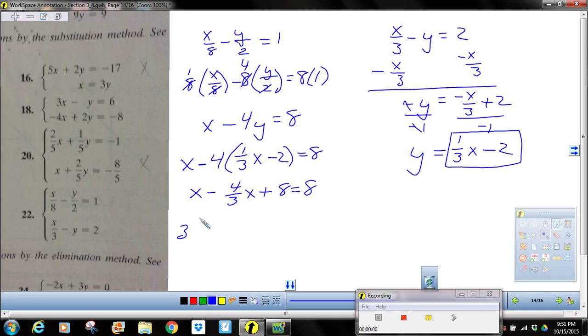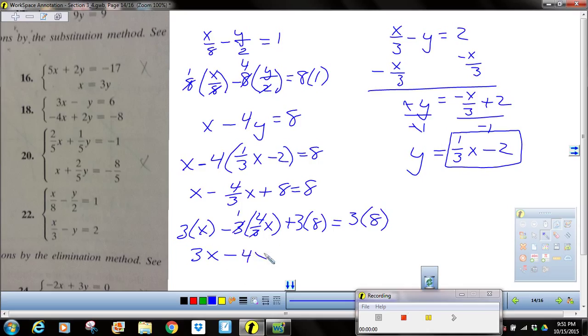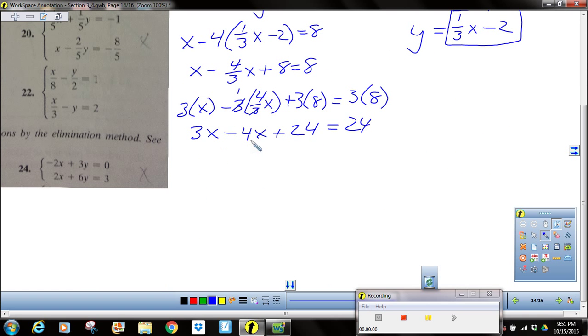Multiply everything by 3. 3x minus 4x is negative 1x, plus 24 equals 24. I'm going to subtract 24 on both sides.